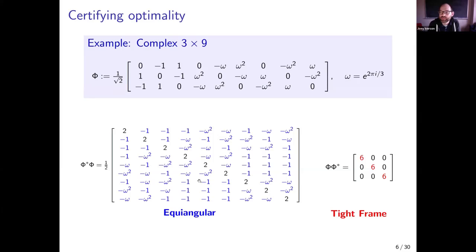That's equiangularity. Then I just check this tightness. I multiply phi on the right by its adjoint. This will give me a 3×3 matrix, and it's a multiple of the identity. That's tightness. So because I see both of these conditions, that's an ETF, and that's a proof that this is an optimal line packing for 9 lines in 3 complex dimensions.